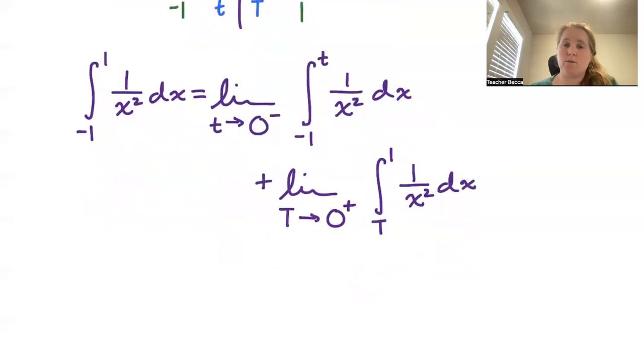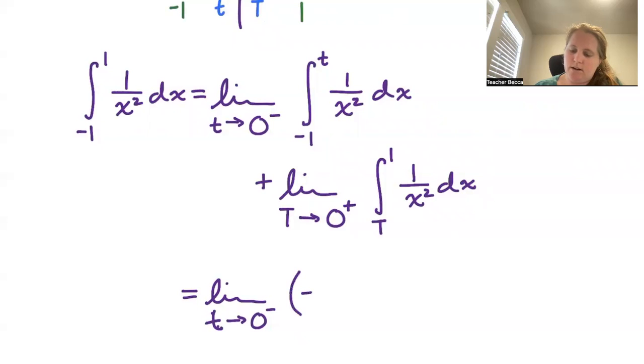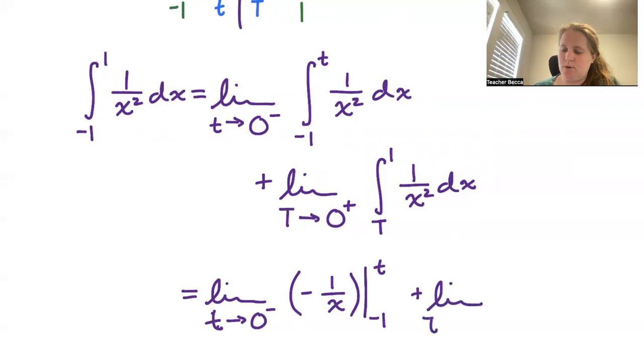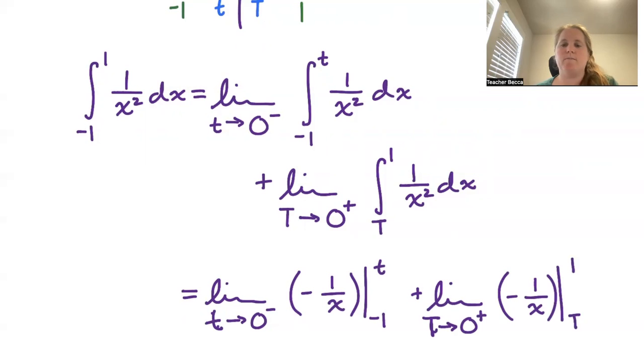So 1 over x squared integral is just negative 1 over x. So this becomes the limit as lowercase t approaches 0 from the left of negative 1 over x evaluated at negative 1 and t, plus the limit as capital T approaches 0 from the right of negative 1 over x evaluated at capital T and 1.